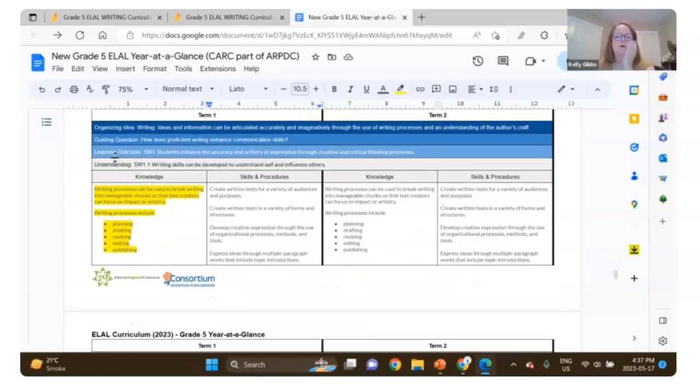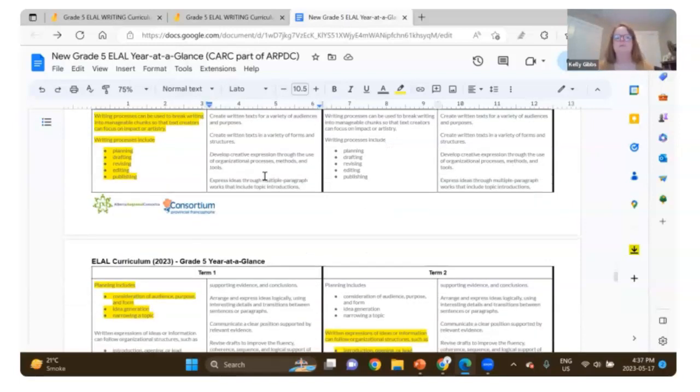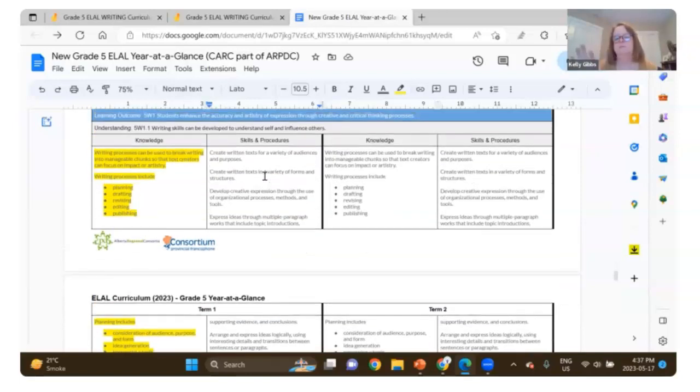There we go. Where you see it in yellow, that's where you teach in term 1, and where it's not highlighted, it's not to say that you ignore it, but it may not necessarily be highlighted at that time of year.